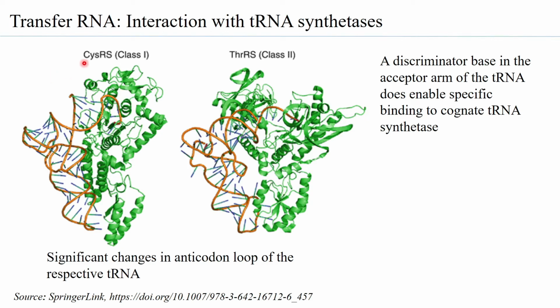So if you consider cysteine tRNA, the modified bases that may be present in this tRNA may be different from those present in this one, some being the same. So for example, dihydrouridine will be the same in both. Pseudouridine will be the same in both, but other than that, certain specific modifications or certain specific conserved nucleotides will be specific only for this tRNA or only for that tRNA.